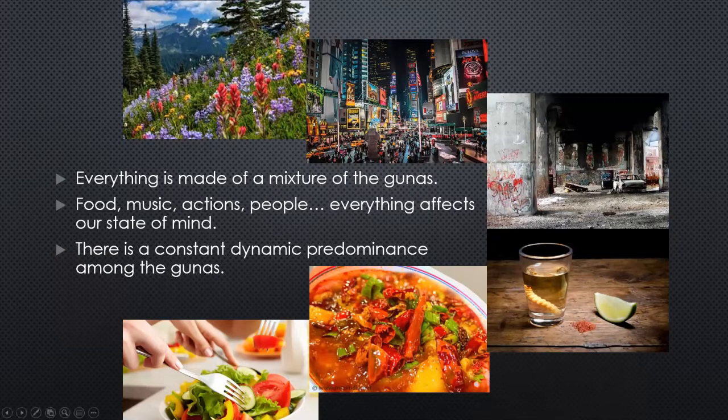So here we have places that are in the three modes. You have places like Darjeeling, in the Himalayas, or the Alps, where you have fresh air, natural light, where there is life growing all around you. Everything is fresh.